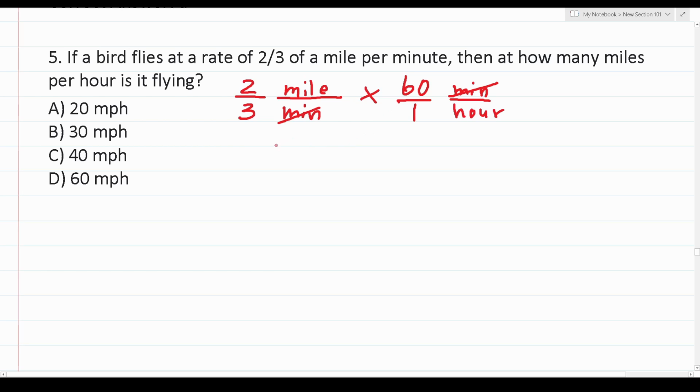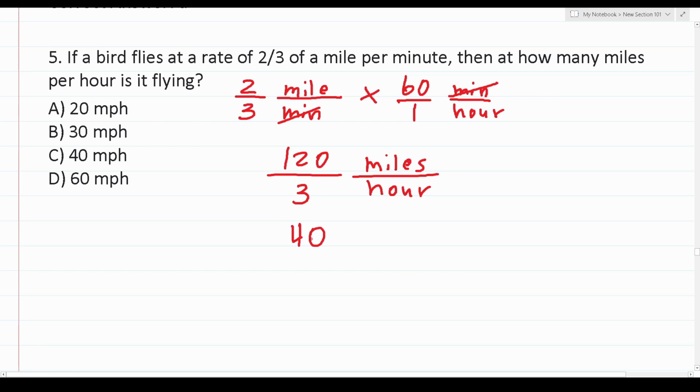We have 2 times 60, which is 120, over 3 times 1, which is just 3. And as far as units go, we're only left with miles over hours, or miles per hour. So let's work this out. 12 divided by 3 would be 4, and just drop down that 0.